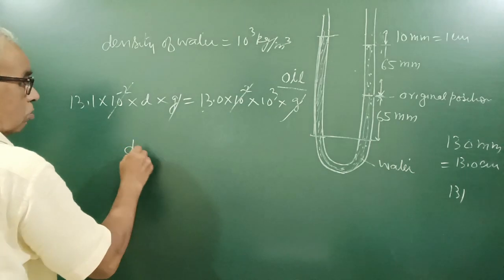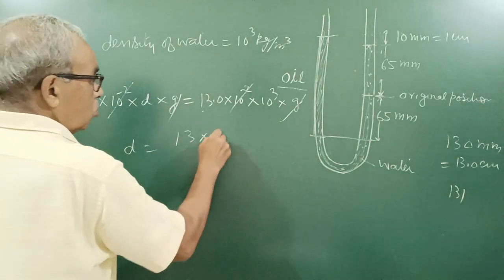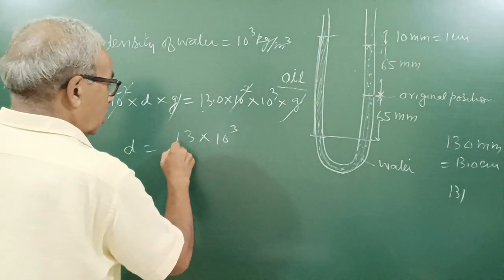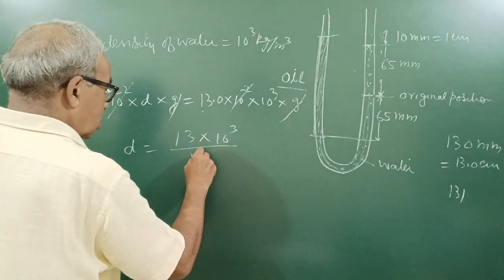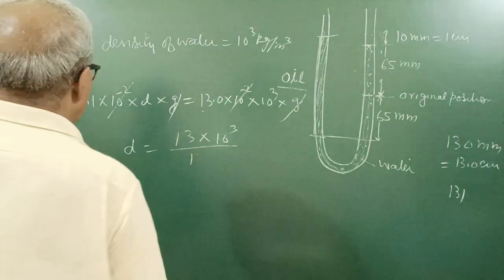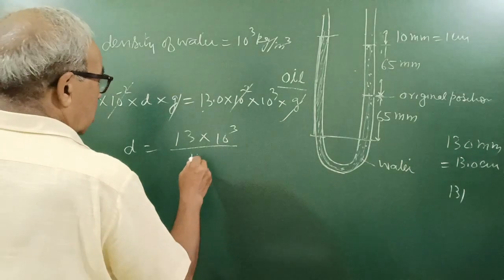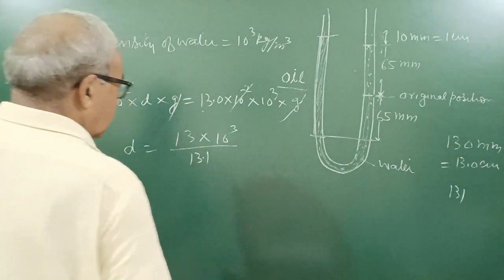So d is equal to 13 into 10 to the power 3 upon 13.1.